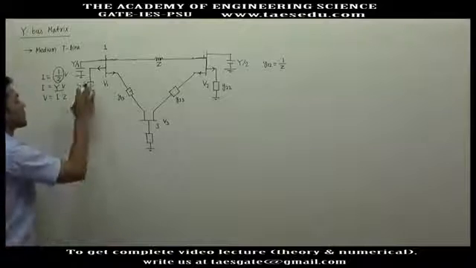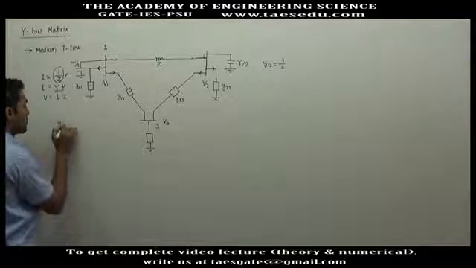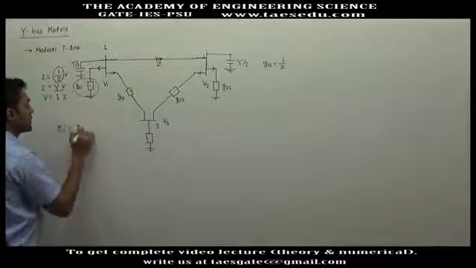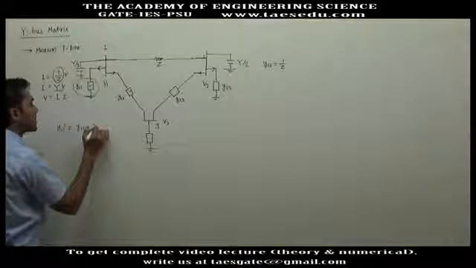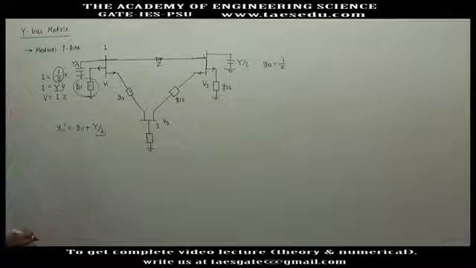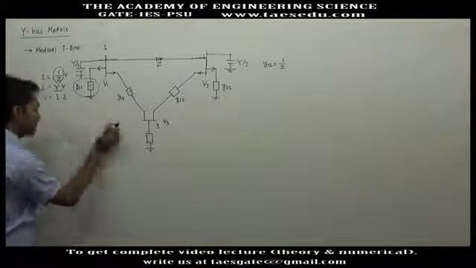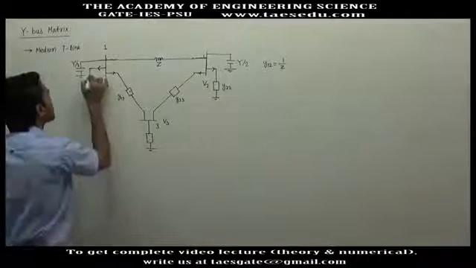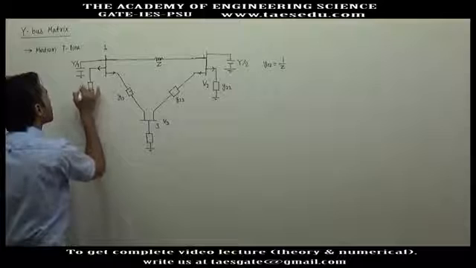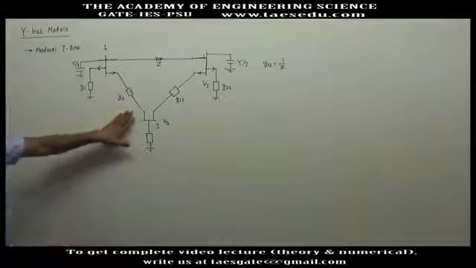So the total shunt admittance at bus 1 will be its original shunt element Y11 plus capital Y by 2. This comes from the modeling of the transmission line. Let us not write it Y11 dash at this time. This is the original shunt element of bus 1, Y11.